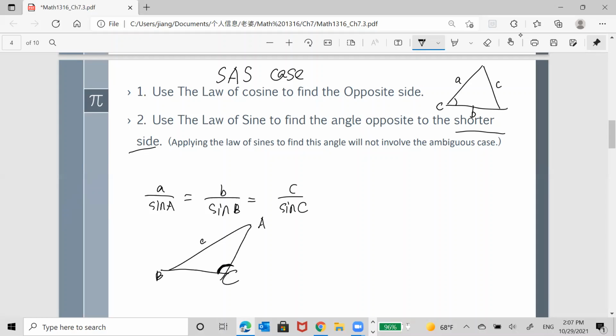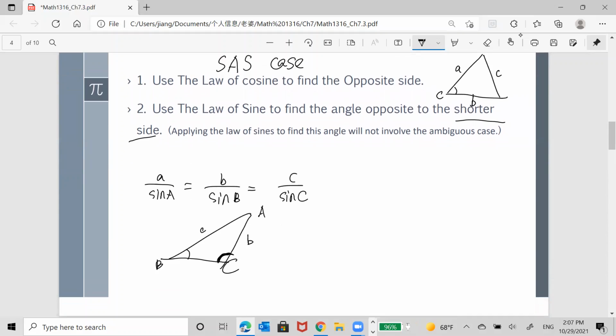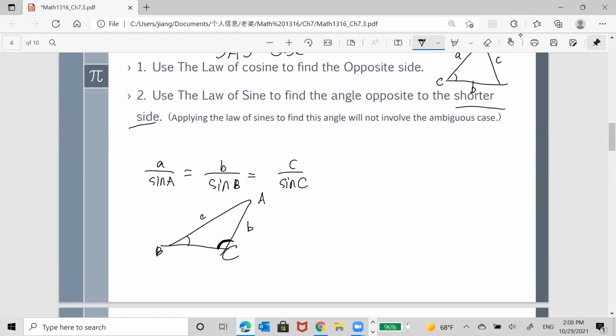Here is B. So B over sine B equals C over sine C. If B is big, the angle B is big. But if B is smaller than C, that means the angle B is smaller than angle C.